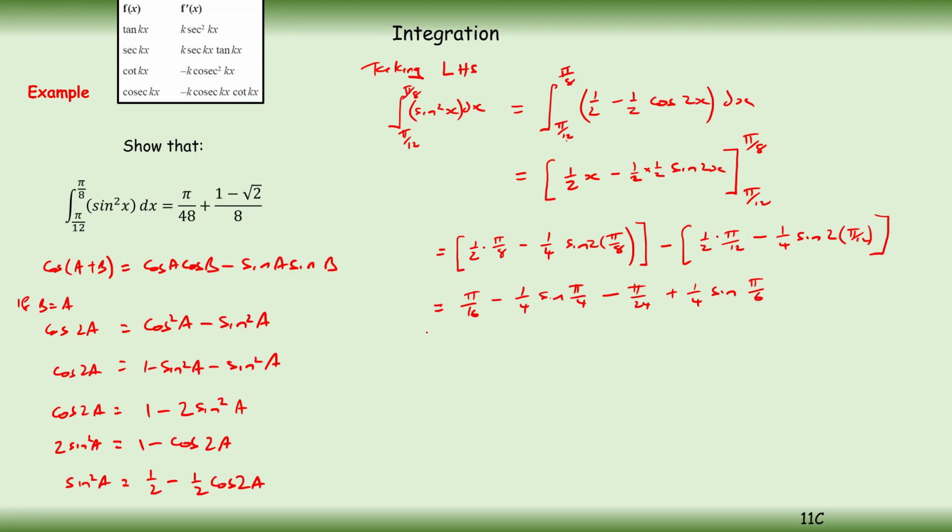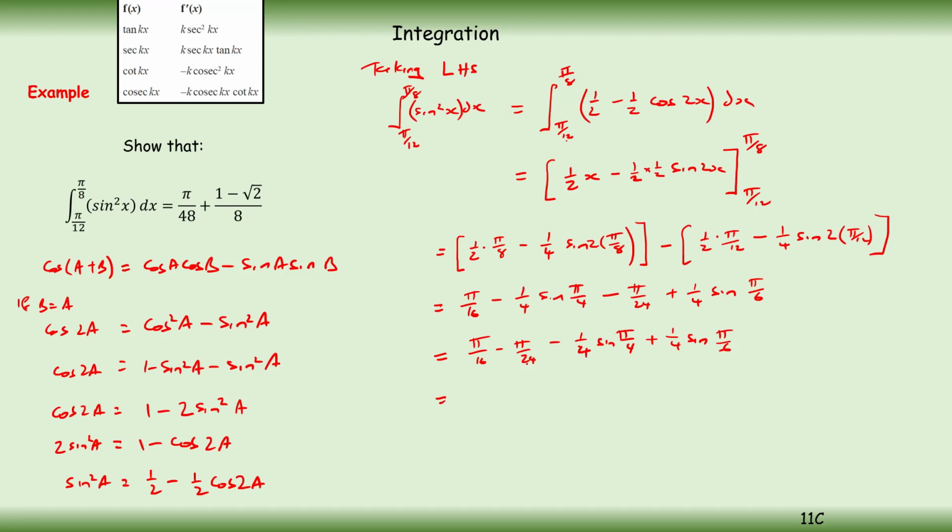Okay, so let's collect like terms and simplify. We've got pi by 16 minus pi by 24 minus a quarter sine of pi by 4 plus a quarter sine pi by 6.